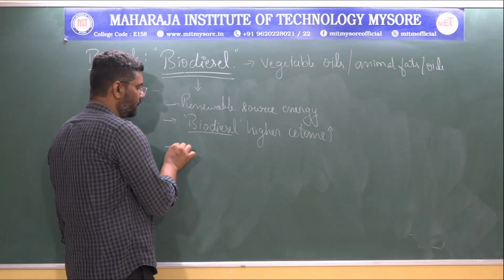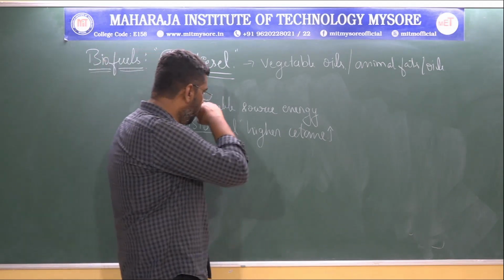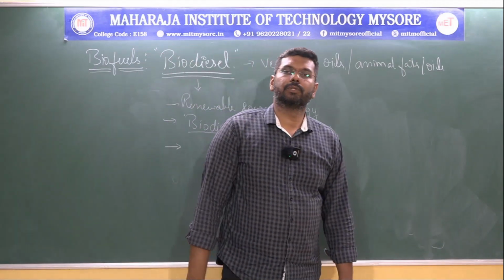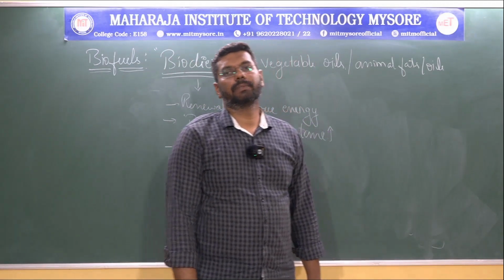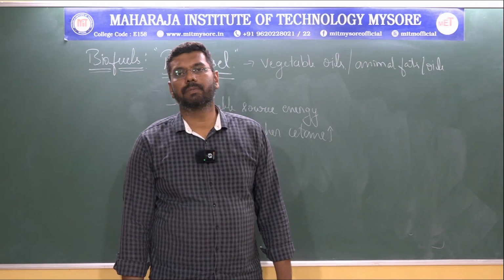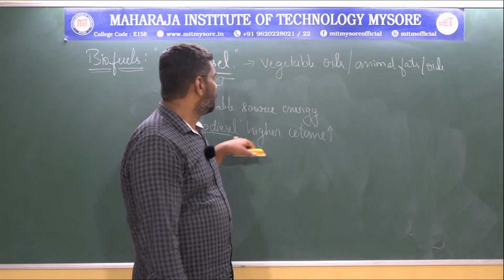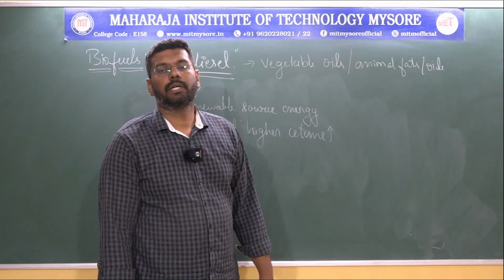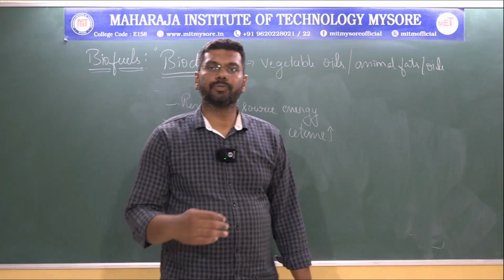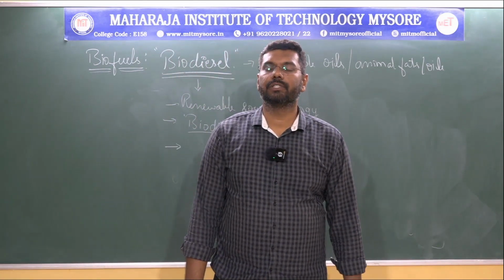What are the next advantages? It is a renewable source of energy where normal diesel can be replaced with this biodiesel. With the higher cetane number, the efficiency of the engine gradually enhances.